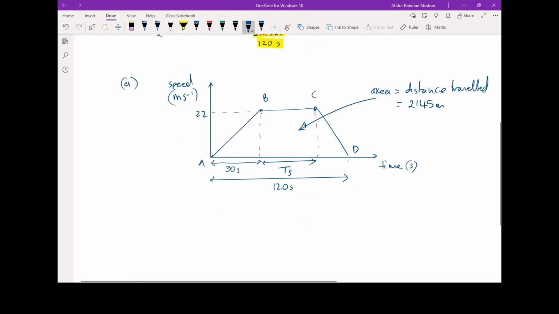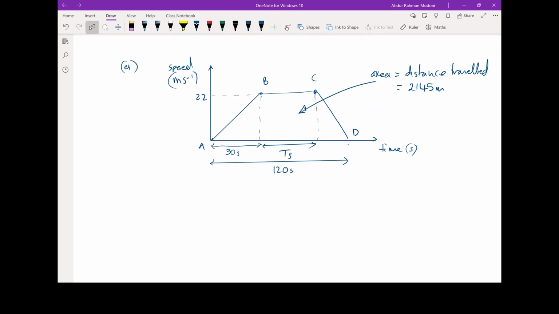So let's find another expression for the area. It's a trapezium, as we can see here. The area of a trapezium is the two parallel sides, a plus b, divided by 2, times the height.